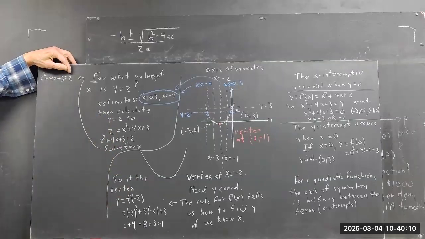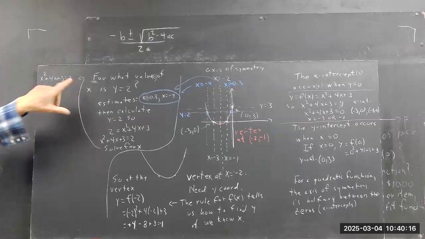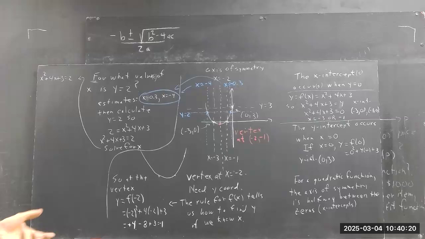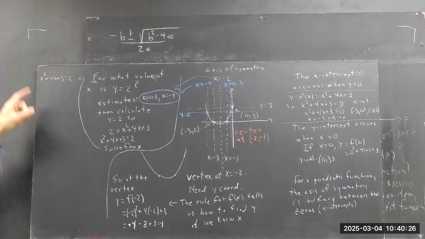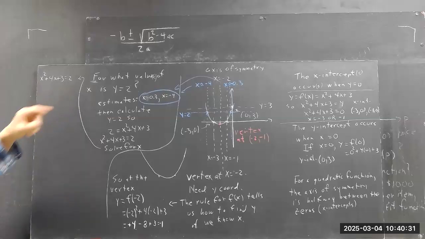So we need to get a 0 on this side. Now, what do we do? What can we do to both sides of this equation to get a 0 on this side? Well, let's just try something. Let's say we multiply both sides by 5. Well, if we multiply both sides by 5, plus 20x plus 15 equals 10.